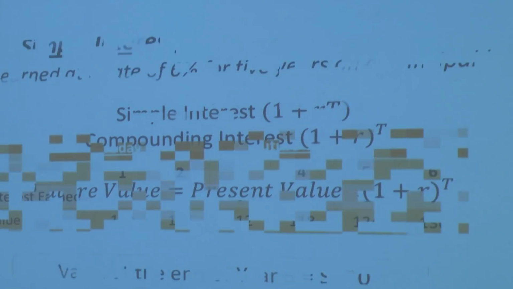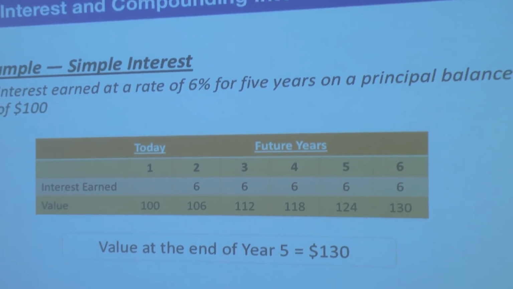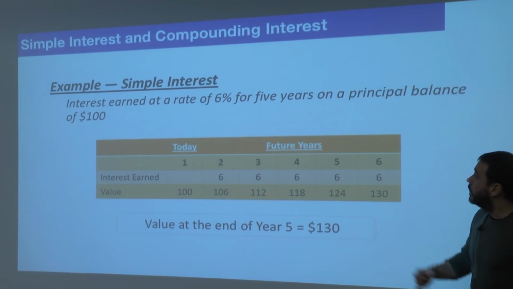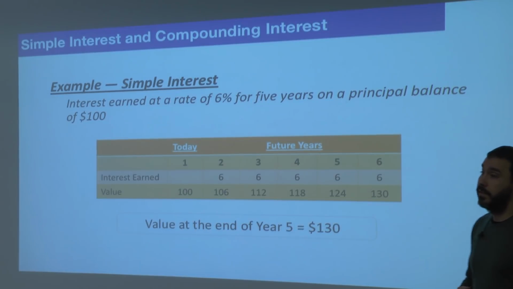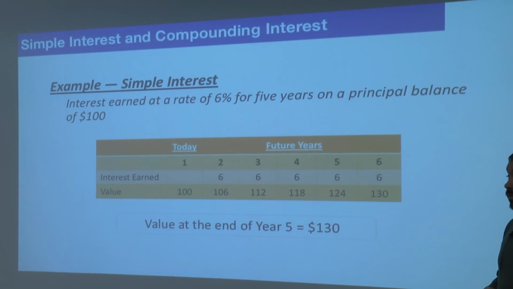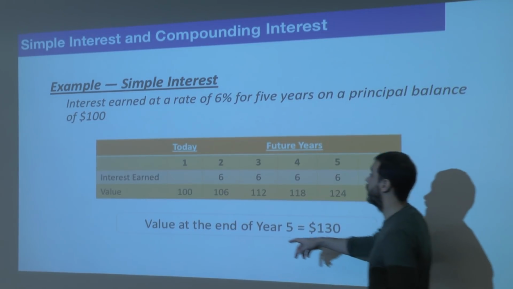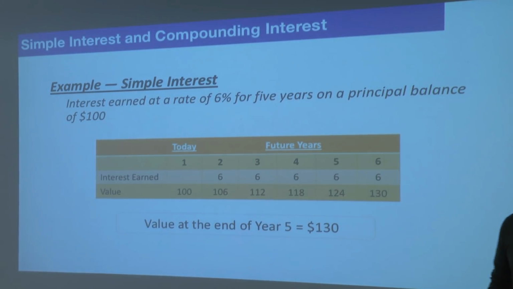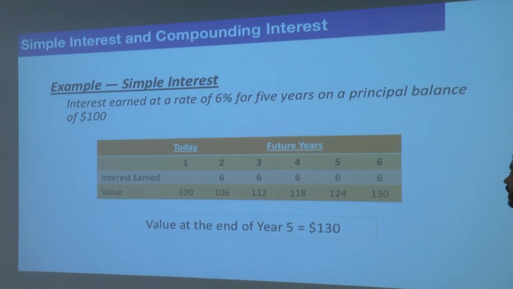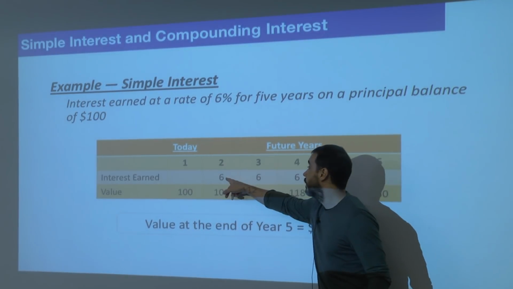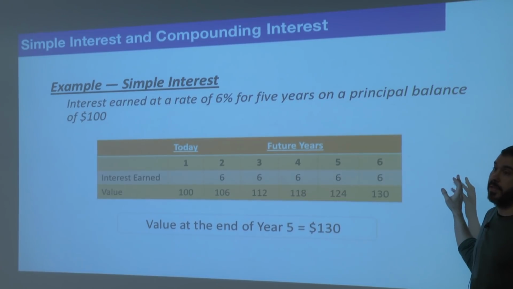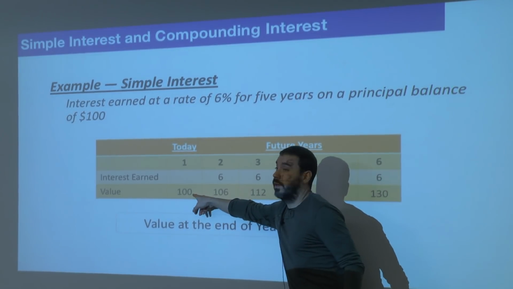To make it clear, take an example: you deposit $100 and you receive 6% simple interest on your account. That means you receive $6 every year, forever. That's 6% of the $100 you deposited.